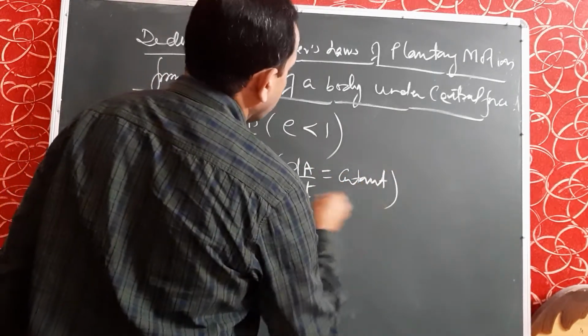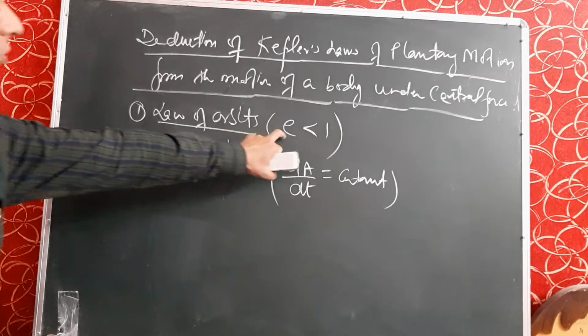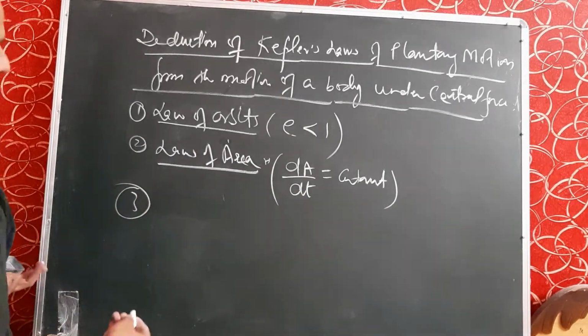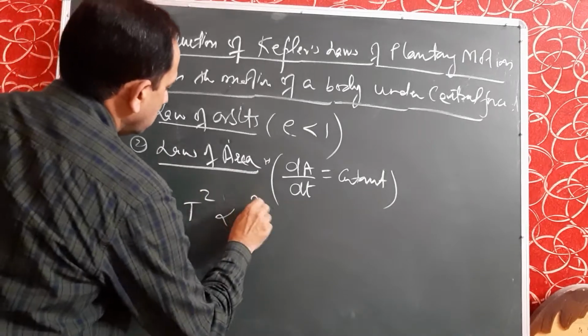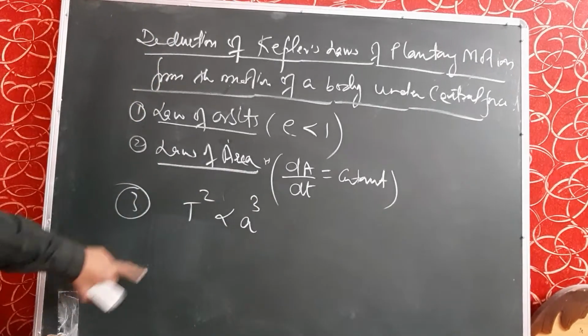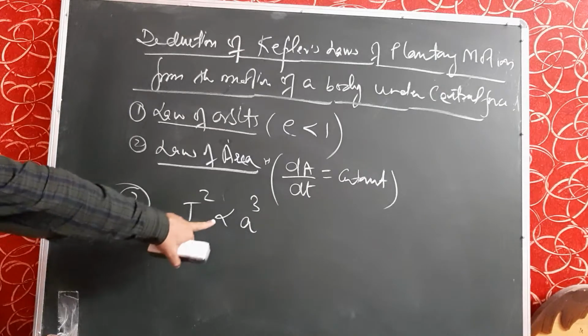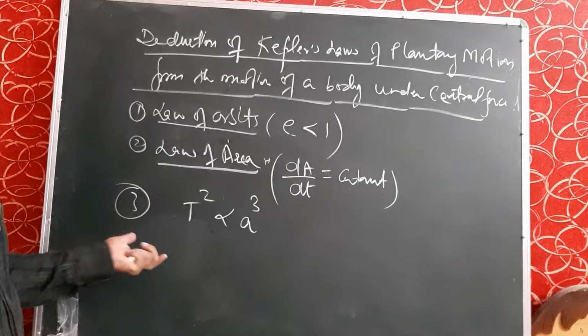So, this is the simple form, and we have written this law in mathematical form. The third law is basically a mathematical law, that is T square is proportional to a cube. The square of the time period of the planet around the sun is directly proportional to the cube of the semi major axis.